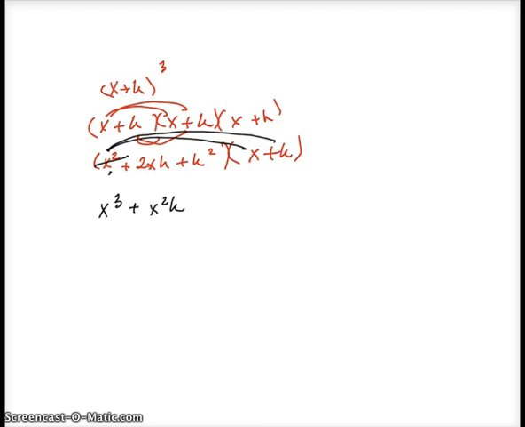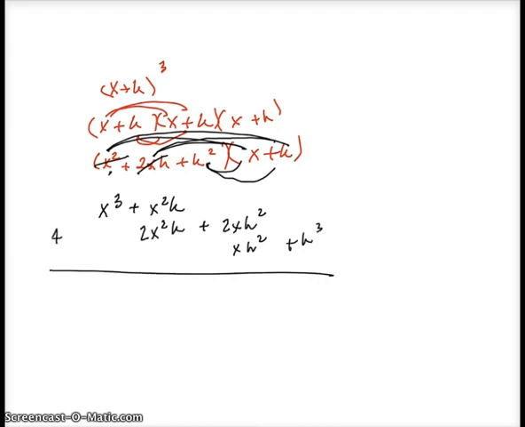Now I will distribute 2xh to x. That is 2x squared times h. Notice I'm vertically lining up my like terms, and then plus 2xh squared. I like to vertically line up like terms because it helps me to see them more easily. Finally, I'll distribute the h squared times x, which would give me x times h squared plus h cubed.